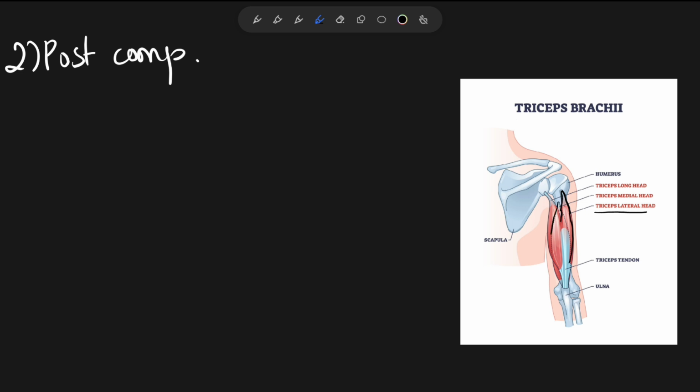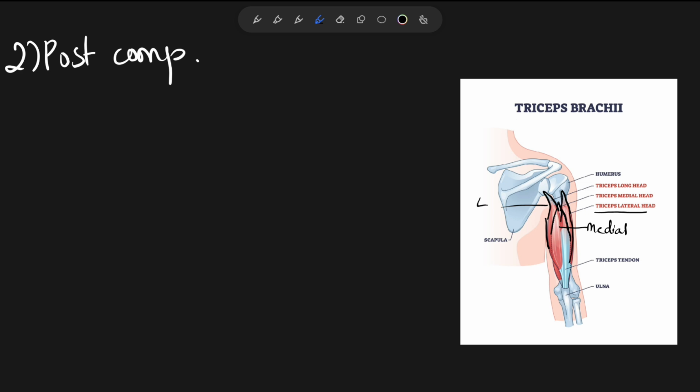We have one head medially between the long head and the lateral head, so it is the medial head. And the one more head is the longest head of our triceps. This is the long head.